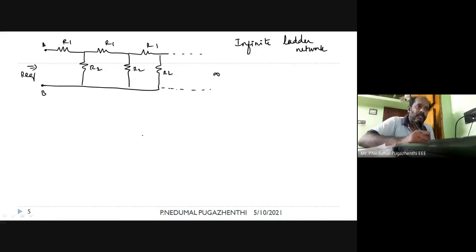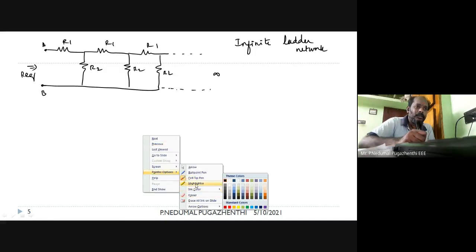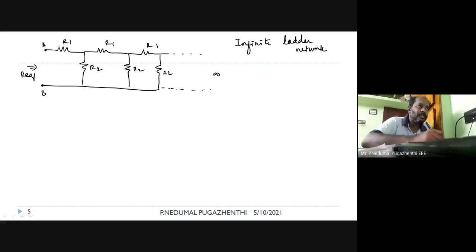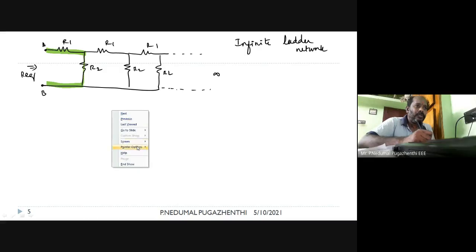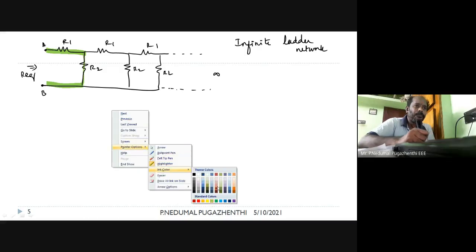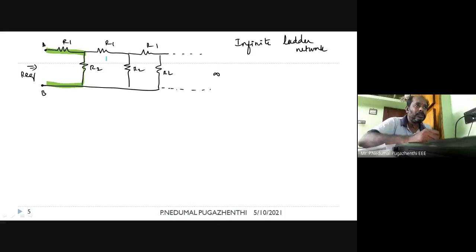Okay, let us see that. Now I will consider this particular part. You can see that every point here has an R1, R2 combination.